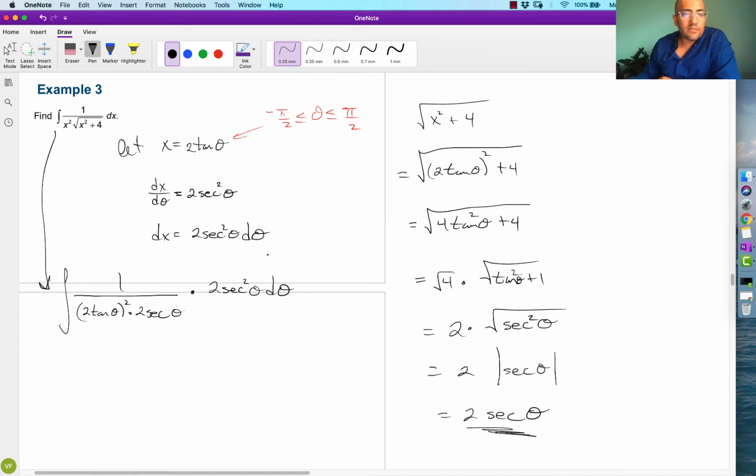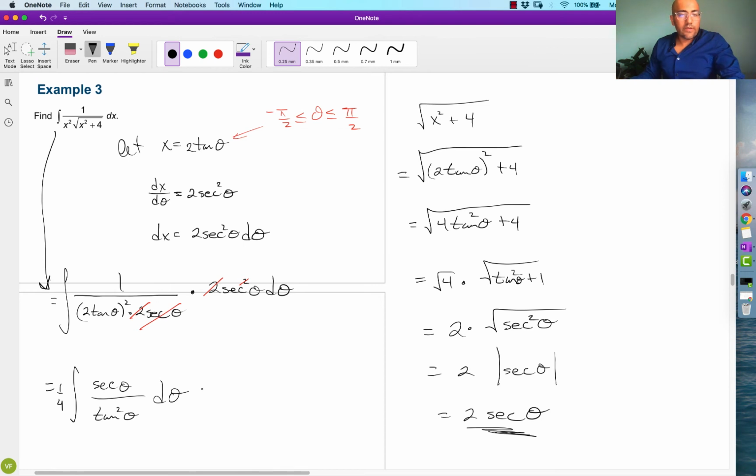Some things simplify a little bit. We have a 2 here and a 2 there, and a secant theta and a secant squared theta, so we can simplify that. There will still be a 4, so it'll be a 1/4 out here, and then secant theta in the numerator and tangent theta squared in the denominator, d theta.